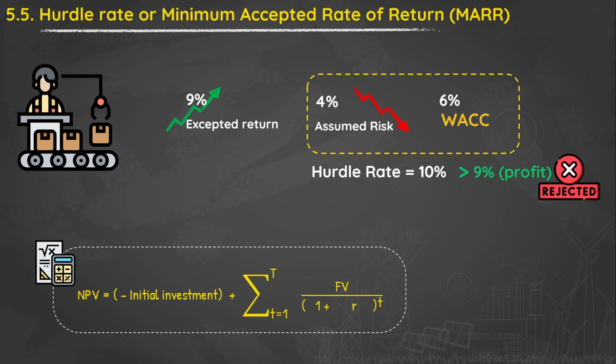Hurdle rate can replace this r, or be used as our discount rate. And of course, the same procedure is to be followed. If you have a positive NPV, this is a sign of profitability. If it's negative, then this is a loss. And if you have two opportunities, both of them with a positive NPV, then you have to go with the one with the higher positive NPV.